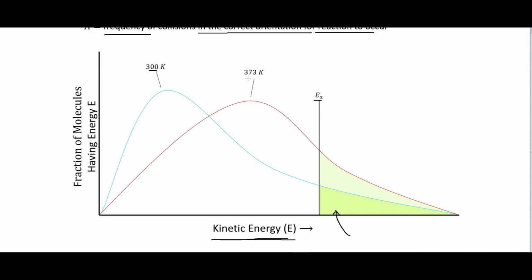Whereas if we raise it to 373 Kelvin, we now get this extra area under our curve, the area under the red curve. So that extra proportion of our molecules that are above that activation energy will therefore react.